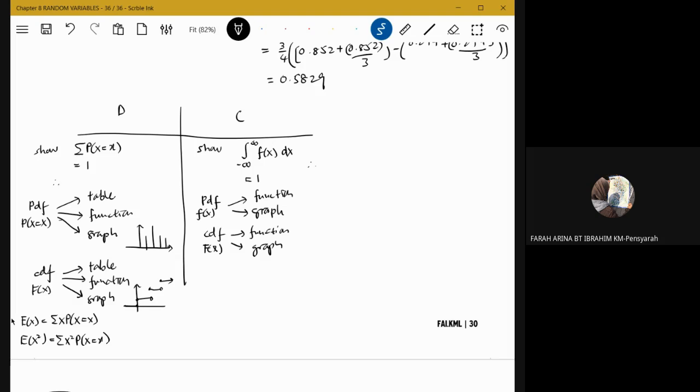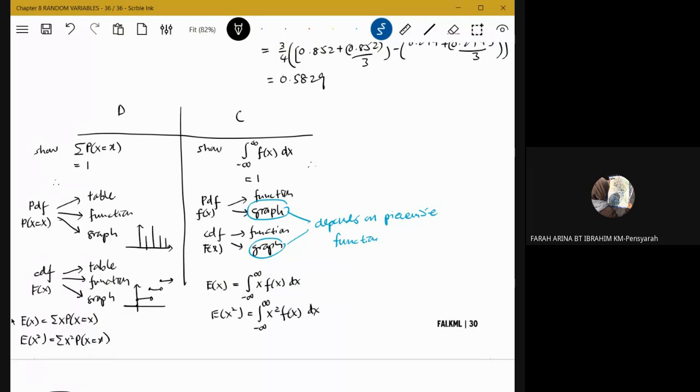Graph di sini depends pada piecewise function. Untuk expectation pula, dia akan jadi integrate from negative infinity towards positive infinity x fx. Dan ex square pula adalah integrate from negative infinity towards positive infinity x square fx.